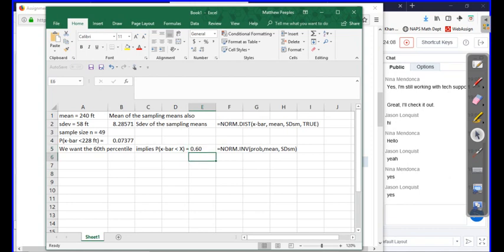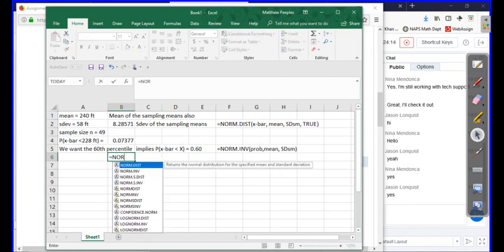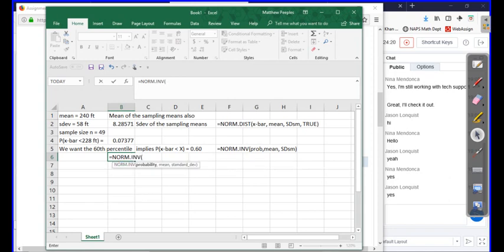So when I put in my function right here, this is how I'm going to get this value. It'll look like equals norm.inv. In this function, what they want is the probability. And we're told that probability is 60%, so 0.60. Our mean, same as before, 240 feet.